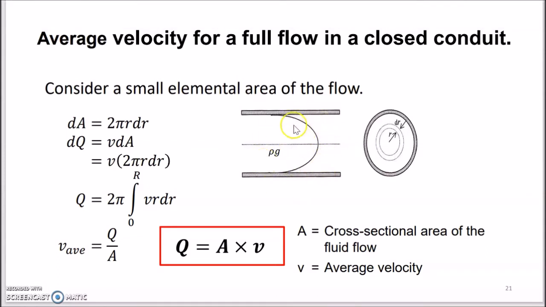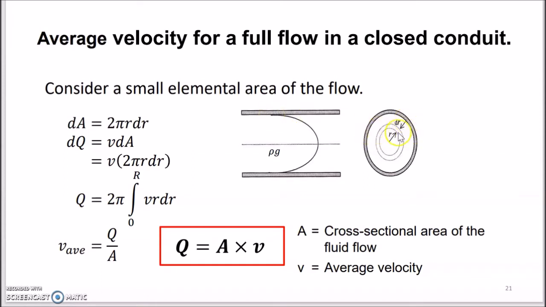This is the side view of the pipe, and this is the cross section of the circular pipe. The fluid molecules flowing in the center of the pipe have the highest velocity compared to the molecules near the boundary of the pipe.